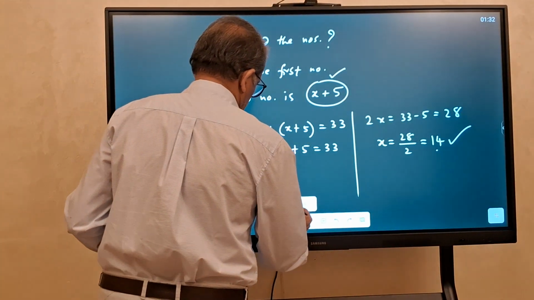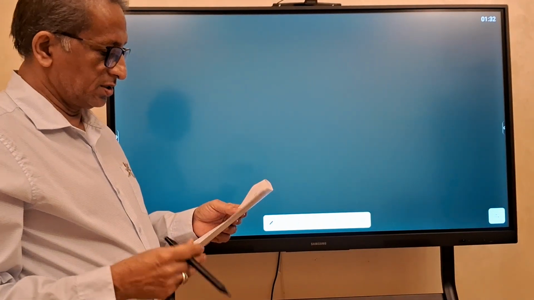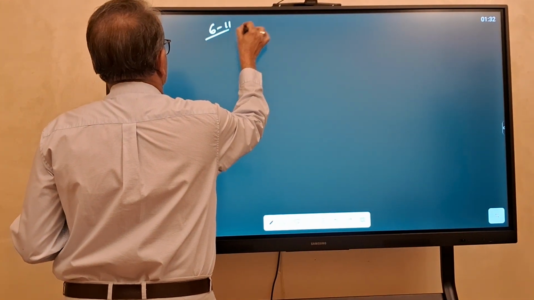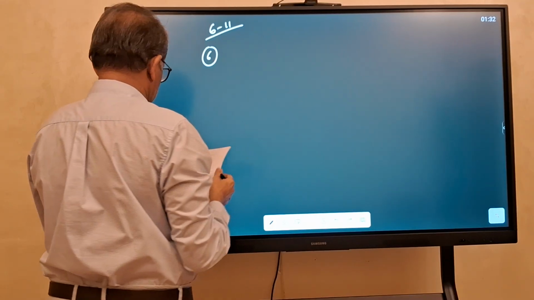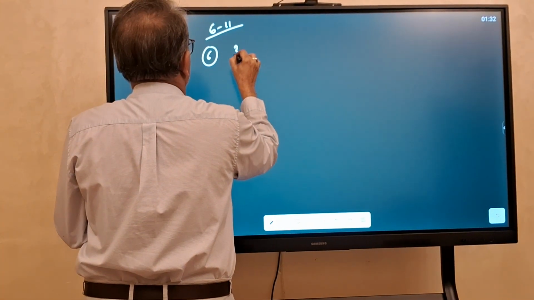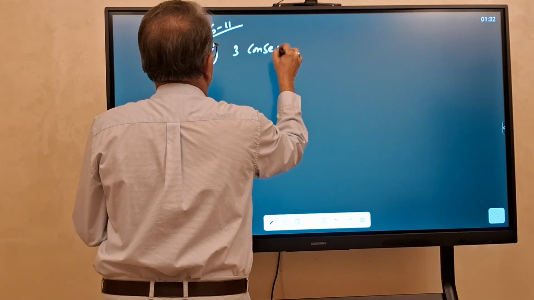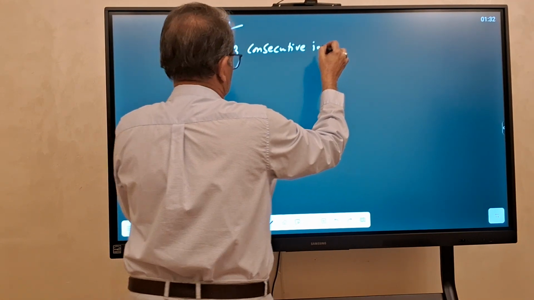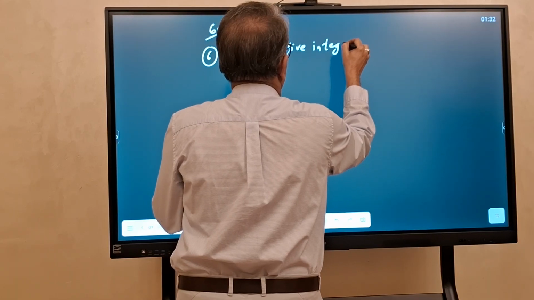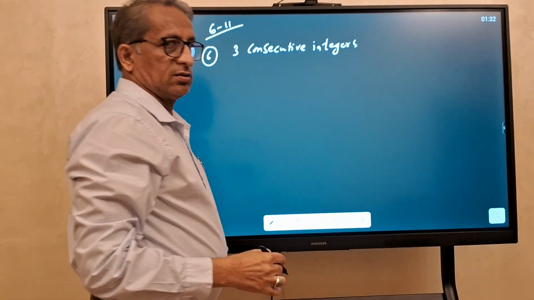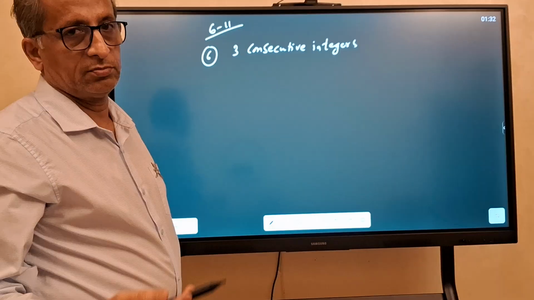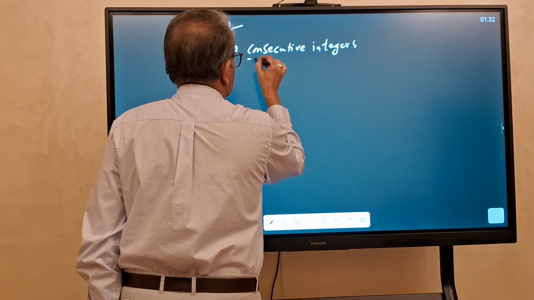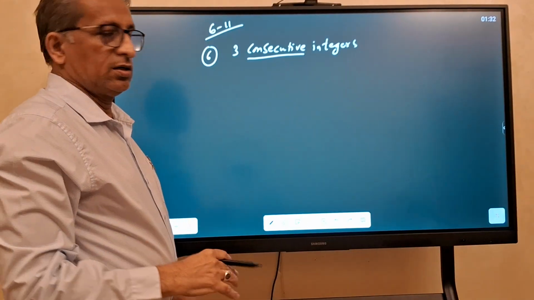Coming to the next set of questions, that is question number 6 to 11. Let's say 6: find 3 consecutive integers. Integers are positive, negative, and zero. Here you are asked to find consecutive integers.